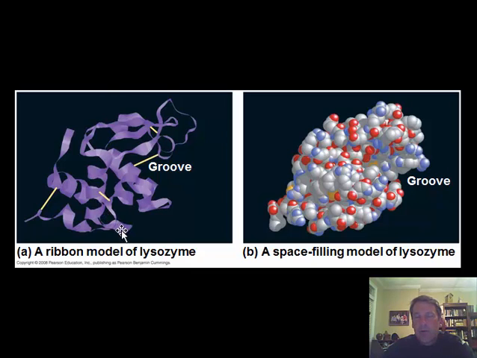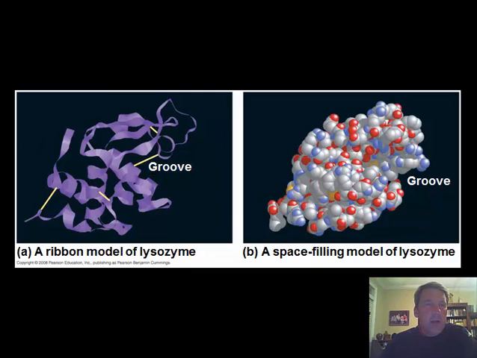Here's a couple of different models to show some of these features that these proteins have. Because with all the coiling and the folding, they take on unique shapes, and their shape is very important in relation to their function. Here we see a groove that something could fit right into.